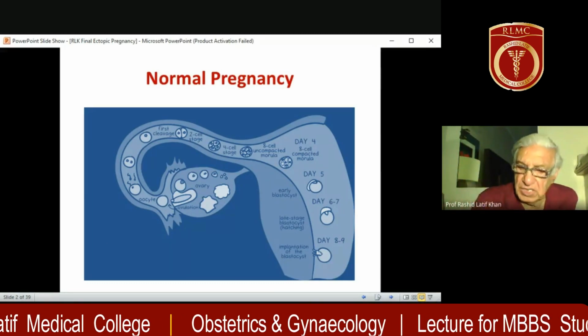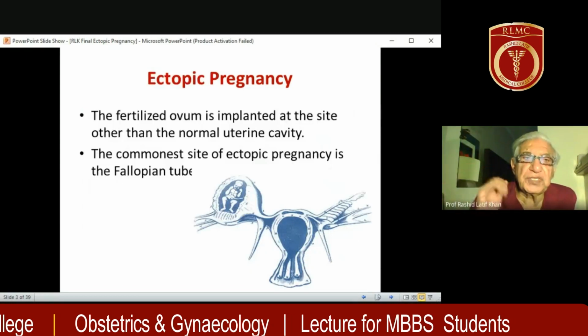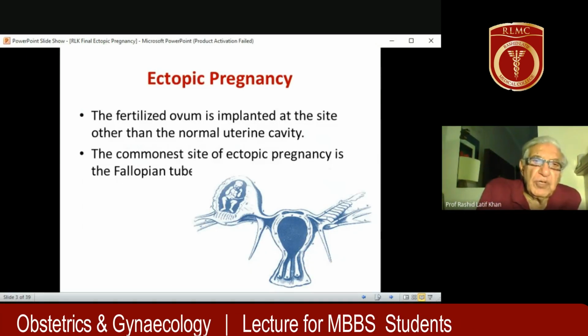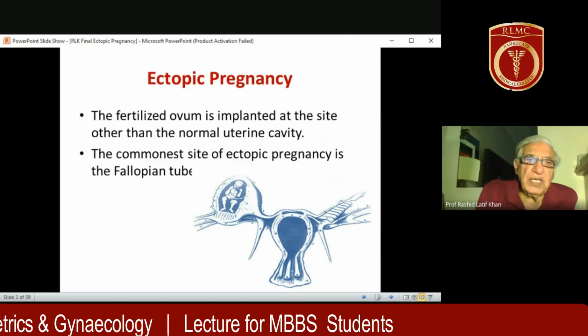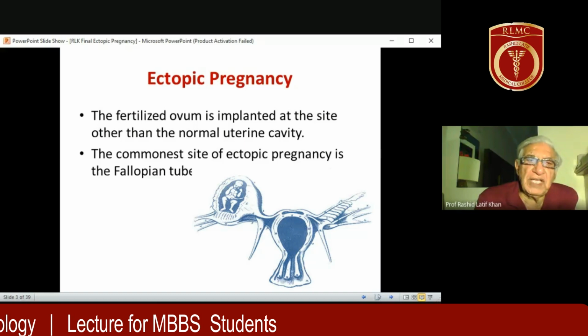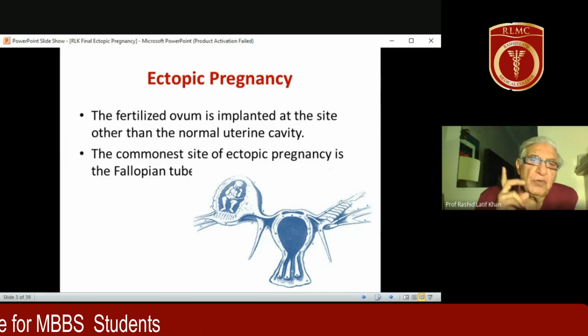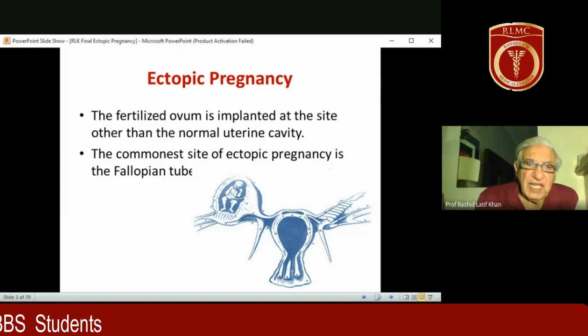So this is important for you to understand what ectopic is. When we come to define ectopic pregnancy, the simple definition is that the fertilized ovum is implanted at a site other than the normal uterine cavity. If the cavity is congenitally abnormal, that will also make an ectopic pregnancy in a rudimentary horn or somewhere.